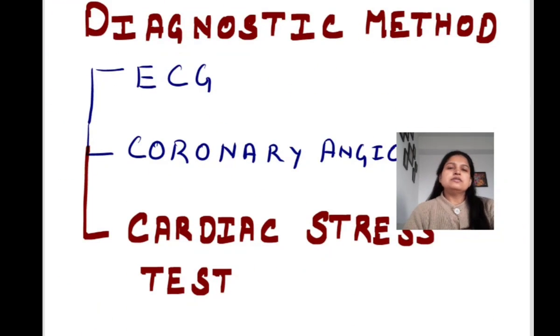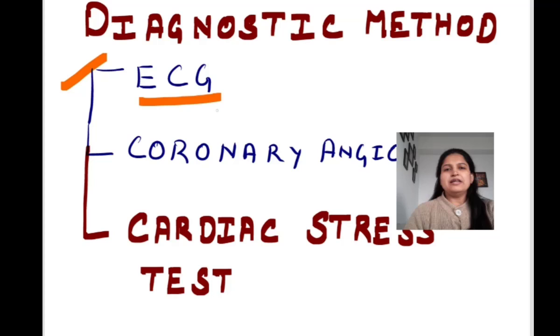Now, there are some methods which can be used to diagnose coronary artery disease early, or if a person is suffering from it and has some symptoms, how we can diagnose it. So for our help, ECG came out.